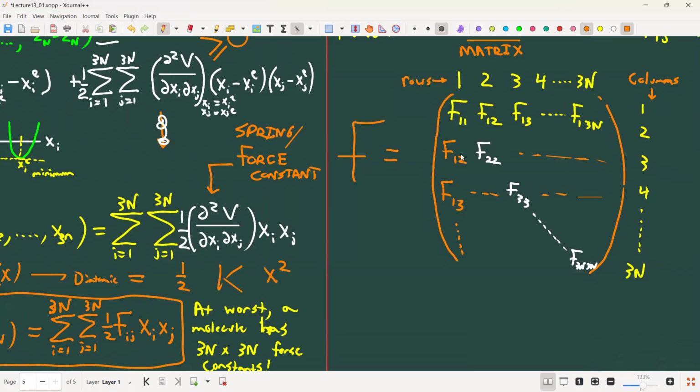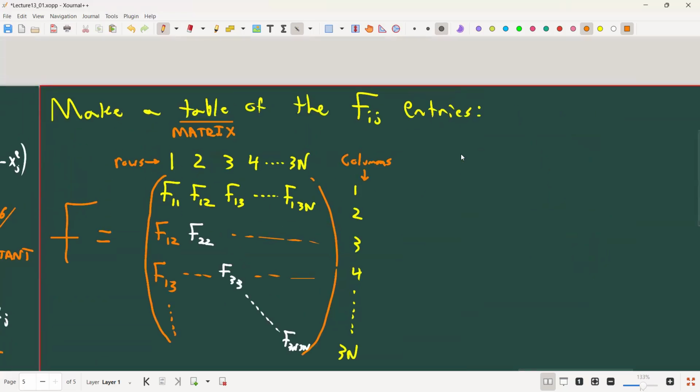So every ij has the same displacement as every ji. There's a symmetry between these two labels. What that means is that everything in the top triangle is mirrored to everything in the bottom half. Around this diagonal, the elements on this side are the same as this. They're mirror images of each other.